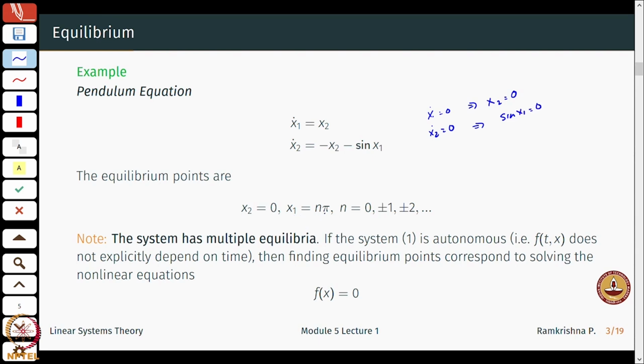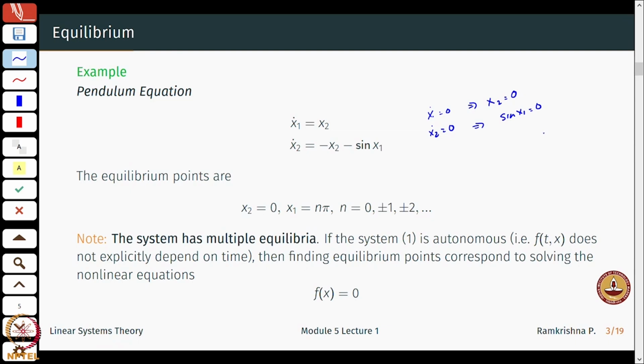So starting from pi to 2 pi and so on, all these multiples of pi. So what is different or unique about this system is that it has multiple equilibria.